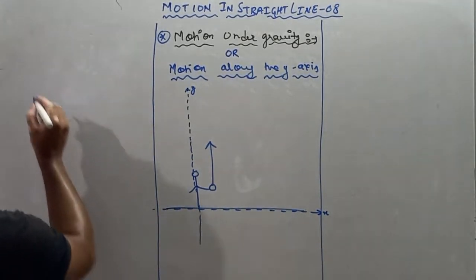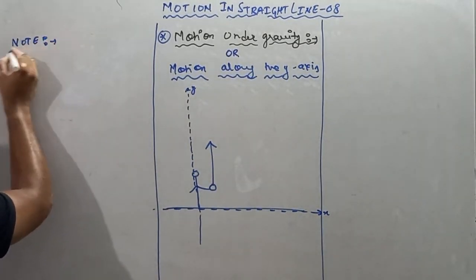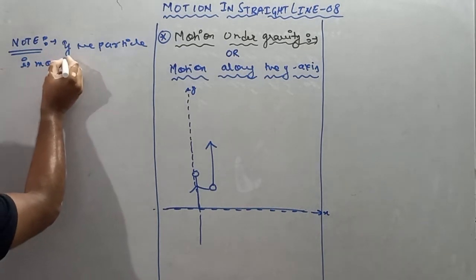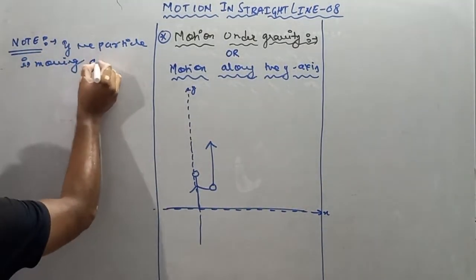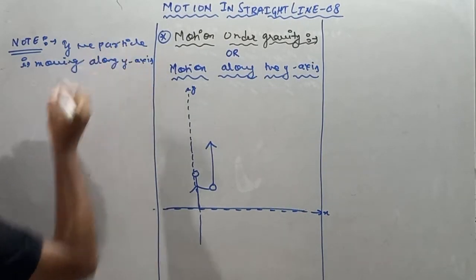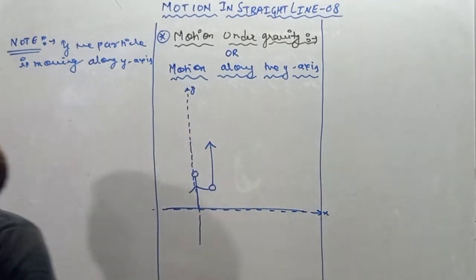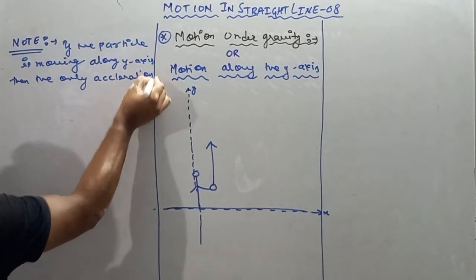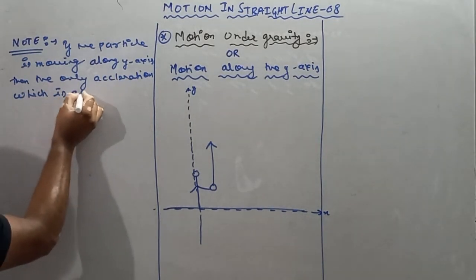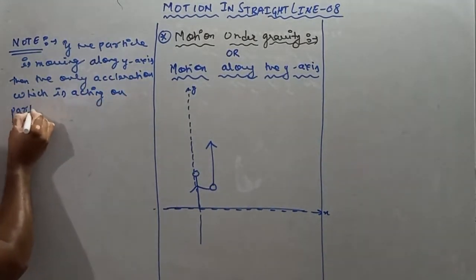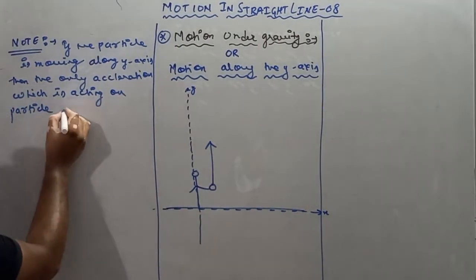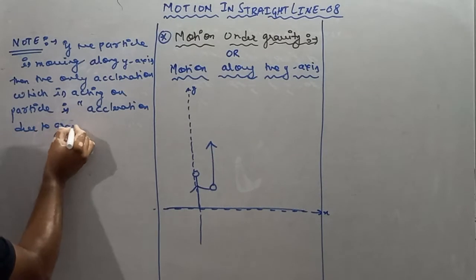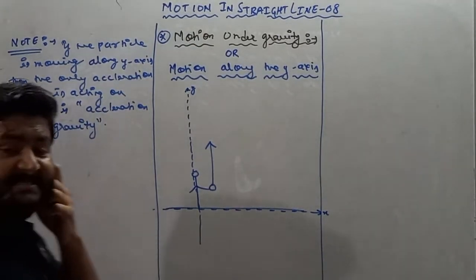I'll write it in the form of a note: if the particle is moving along the y-axis, then the only acceleration which is acting on the particle is acceleration due to gravity.